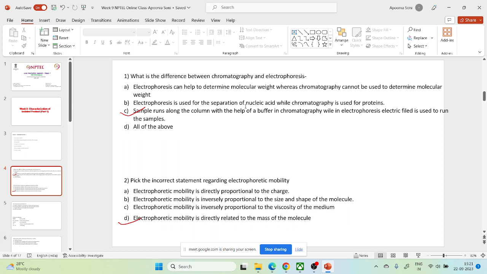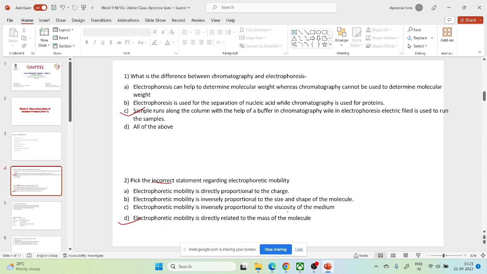So if I say that you have to pick the incorrect statement, that electrophoretic mobility is inversely proportional to the size and shape, in general any mobility is inversely proportional to the size. If the size is more, obviously the mobility would be less.